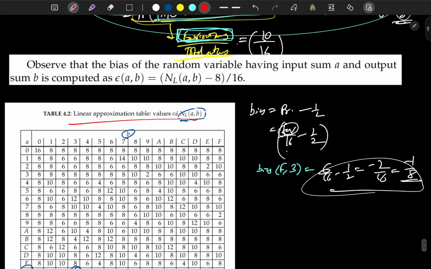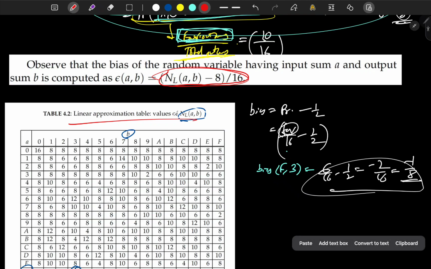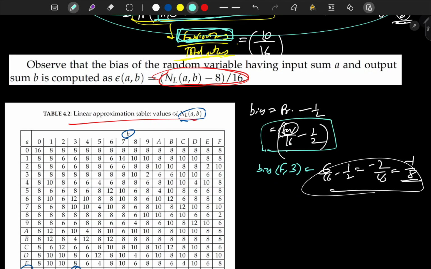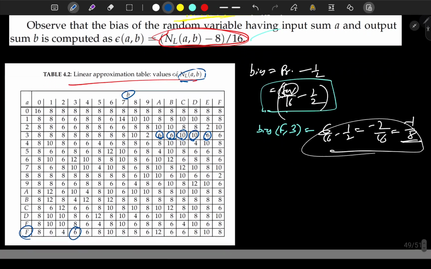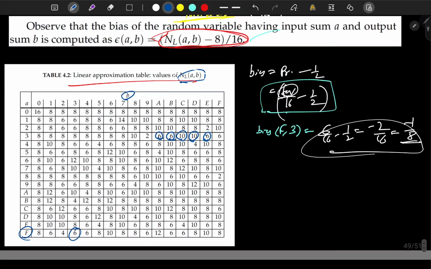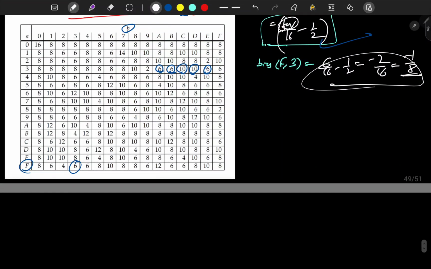So here they have given a nice formula, so you understand this basic common sense. Whatever we have written here, they have kept in this formula format. Each cell denotes the favorable outcome value, not the bias. So to get the bias, you have to find it like this, or you can use the formula.